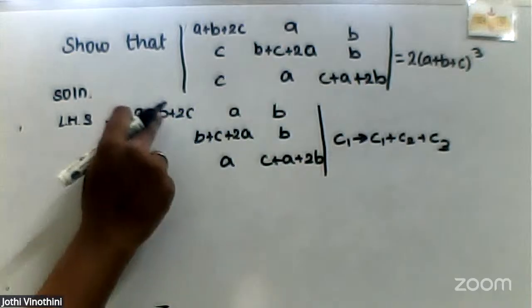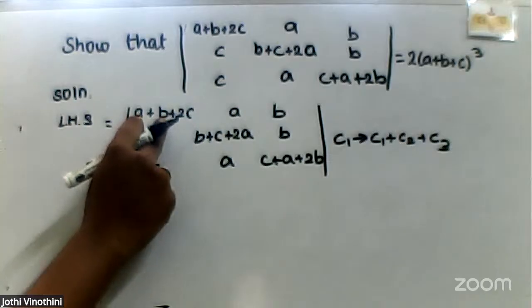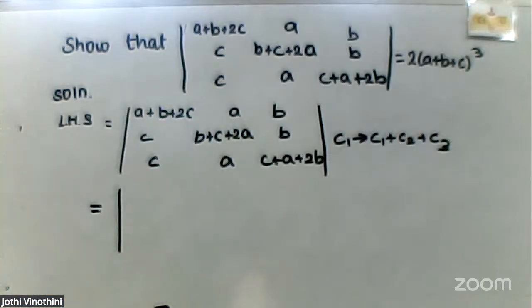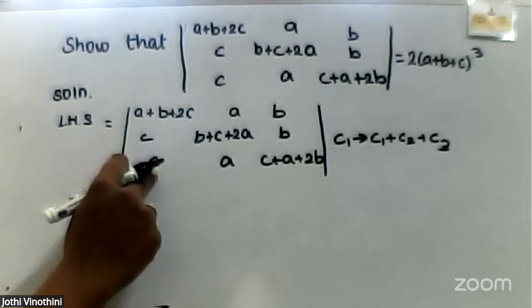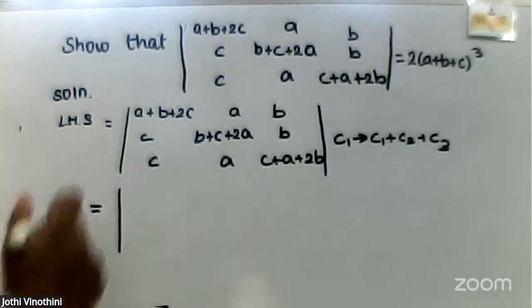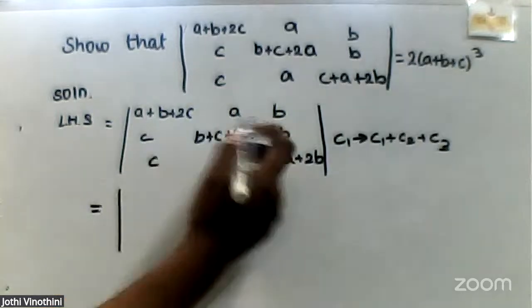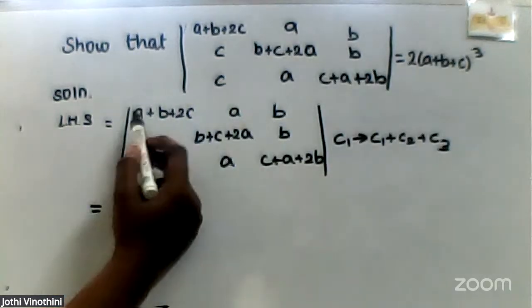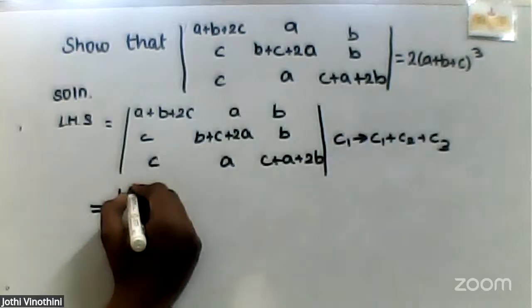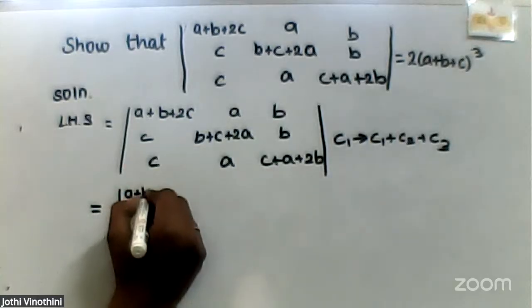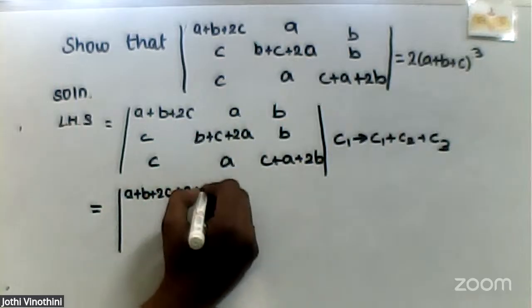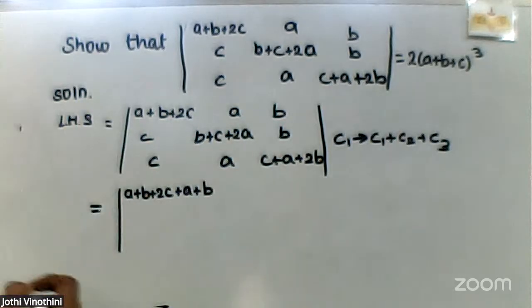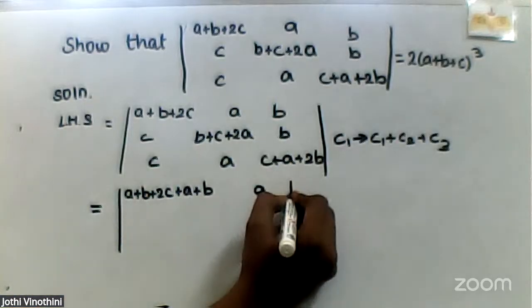So what is C1 here? a plus b plus 2c, c, c. We are going to replace C1 by C1 plus C2 plus C3. So a plus b plus 2c, plus c2a, plus c3b. Similarly, the second and third columns remain the same.